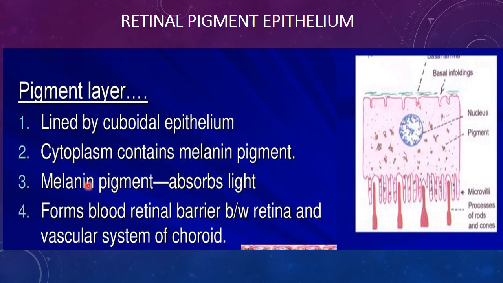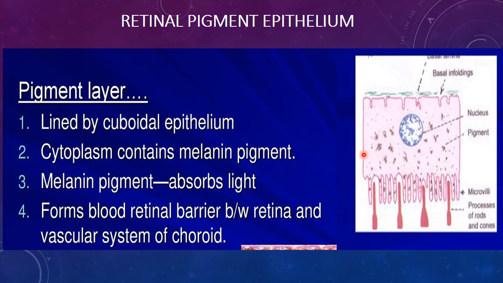They have a very important function because of the presence of this melanin pigment, which helps to absorb the light. The cells of the retinal pigment epithelium are held together and joined by tight junctions.